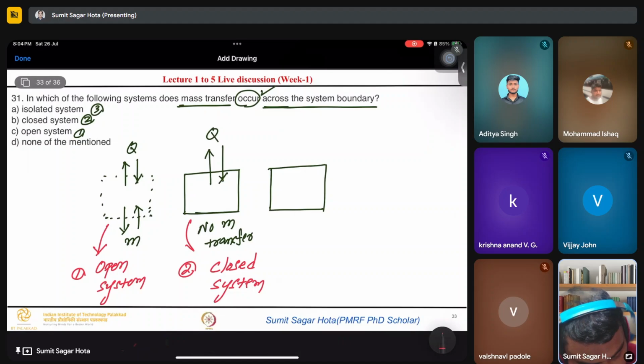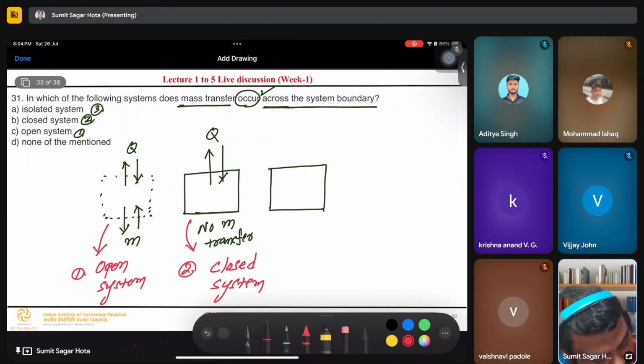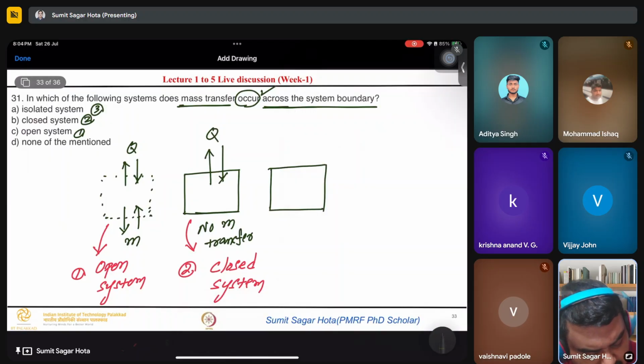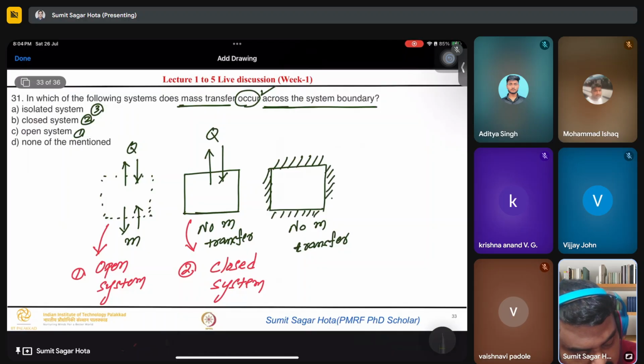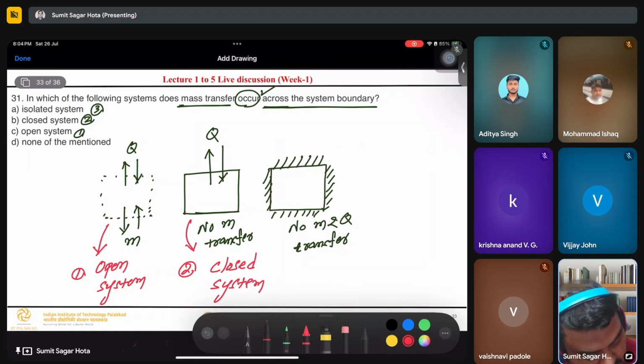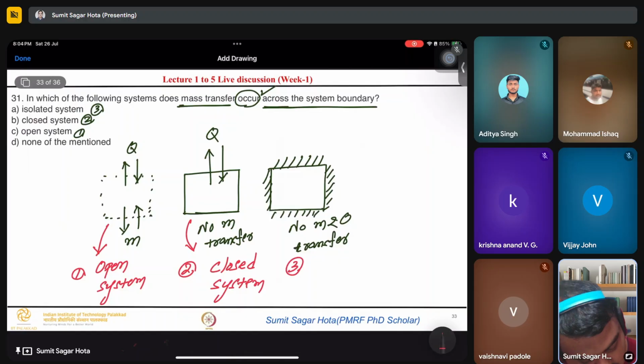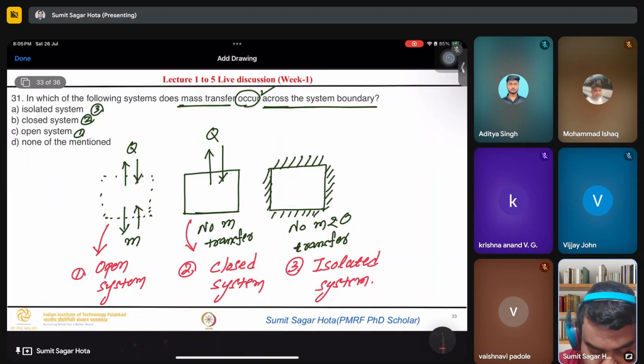If there is no mass transfer, and the system is adiabatic, so there is no heat transfer, that means no m and no q, then it will be an isolated system.